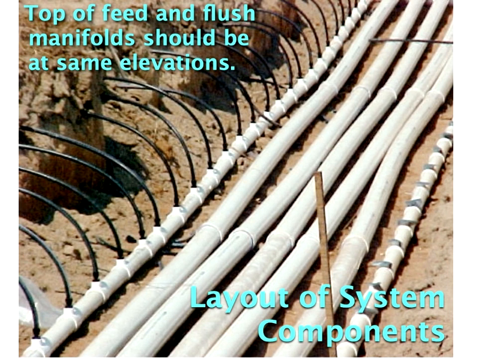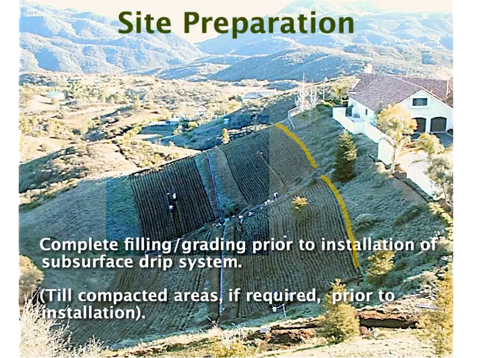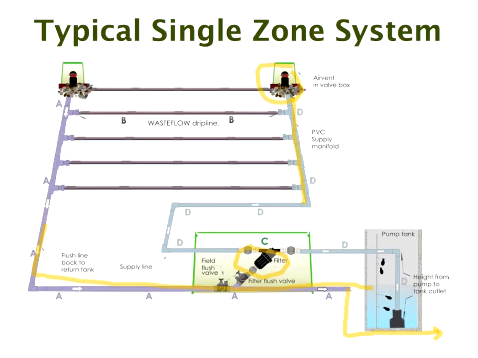Okay, when you're doing the system, we should really go back to that first drawing. Quite a way back, but let's go back. Here. You want these two to be at approximately the same height. Your supply manifold and your flush manifold should be approximately at the same height, for obvious reasons, and everything else below it will be approximately at the same height, and it will drain fairly evenly down each side.